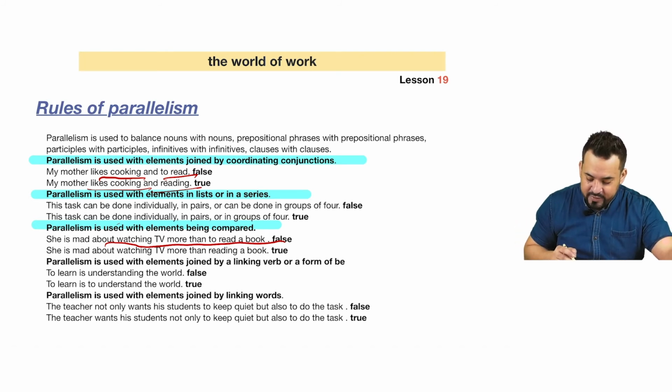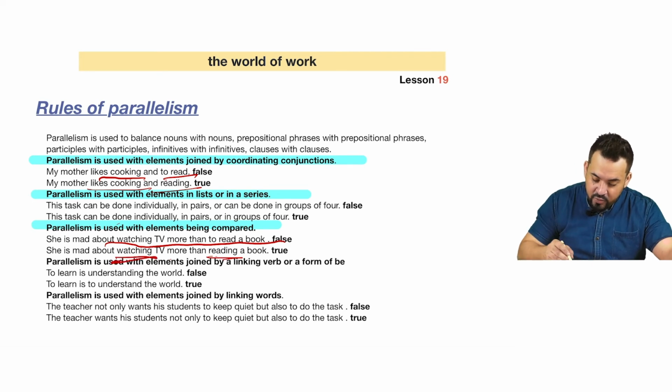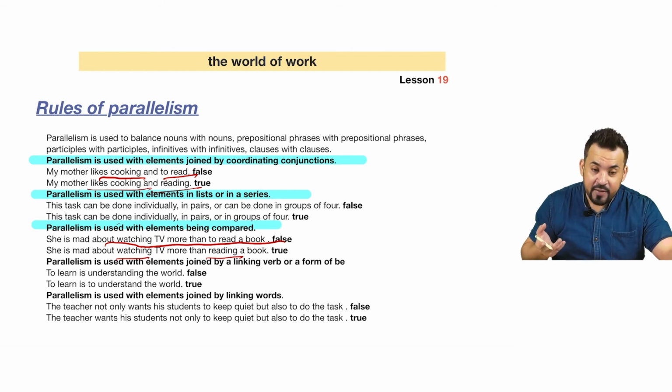If you want to correct this, we will say she is mad about watching TV more than reading, because we have to use the same pattern. We need to follow the same pattern, guys. So watching, reading, not watching and to read, right? This is again a classic example of imbalance.